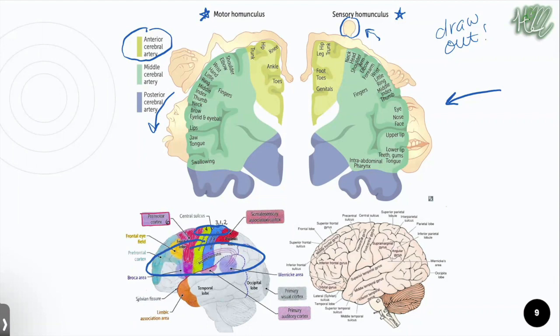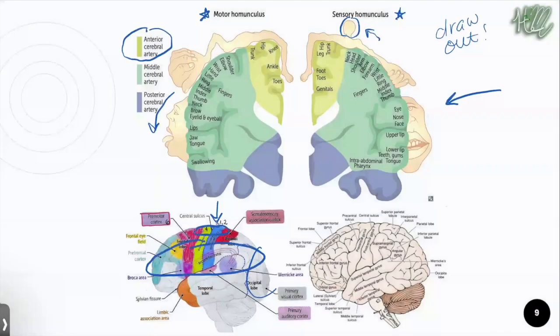And then, of course, we have our posterior cerebral artery, which does more vision and stuff like that, and the backside. But importantly, I just want you to remember where the distributions of these things are, so it can help you in test questions again.